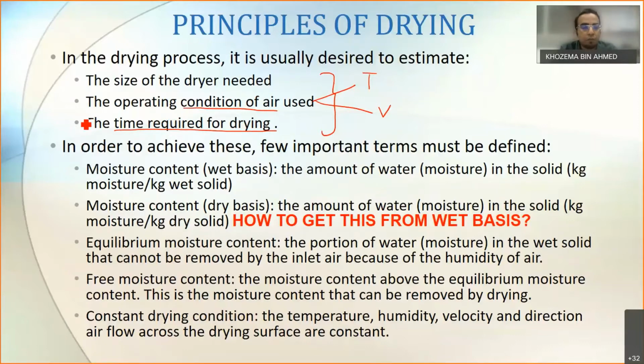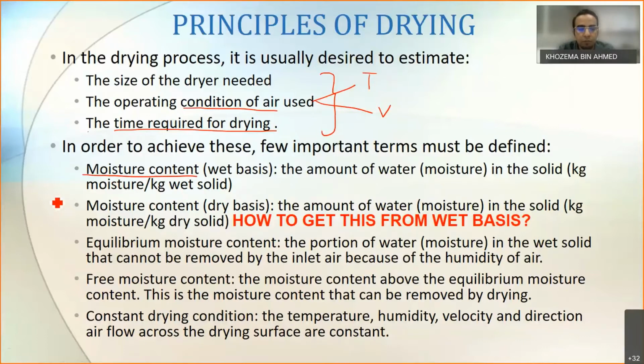So in order to achieve these three things, we must first define a few important parameters. The first one, okay, this is one of the most important parameters and we'll be using it throughout our class. The first one is known as moisture content. Now, moisture content can be defined in terms of the wet basis and also the dry basis.